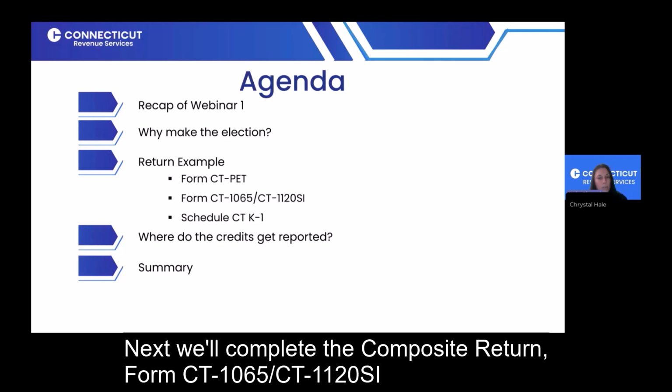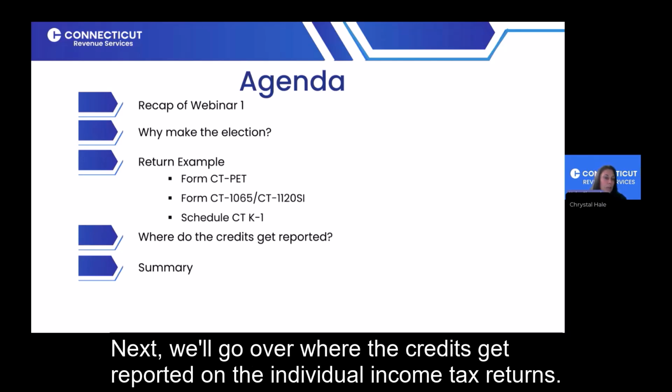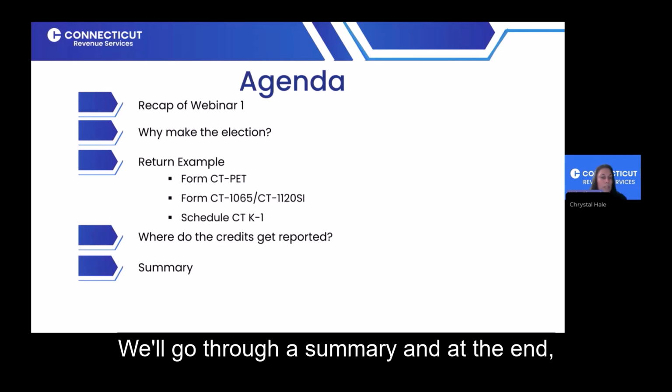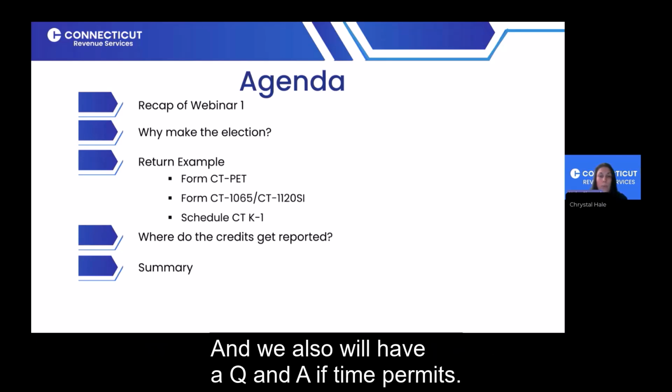Next, we'll complete the composite return, form CT-1065, CT-1120SI, and then we'll also complete the schedule CTK1s for a couple of members. Next, we'll go over where the credits get reported on the individual income tax returns. We'll go through a summary, and at the end, Kelly McLaughlin will join in and show us where some of the resources are available, and we also will have a Q&A if time permits.